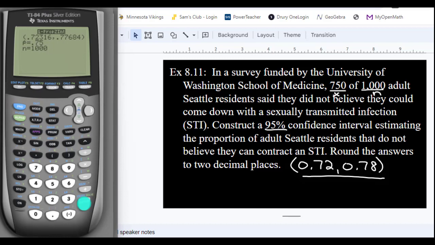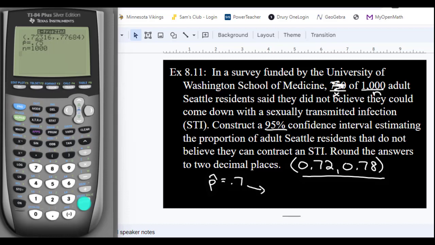Now, one thing I'll mention is I know sometimes on the assignments, they will actually give you a p hat value. So let's say we didn't know this, but they told us p hat was 0.7. So I'm changing the problem. In order to put this into the calculator, we need the x value.